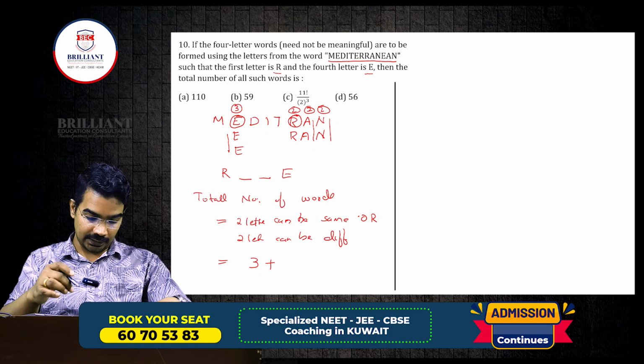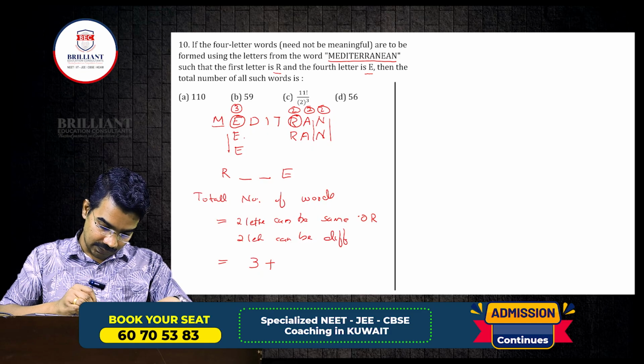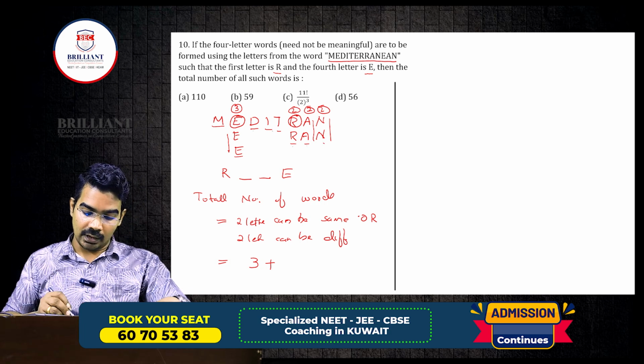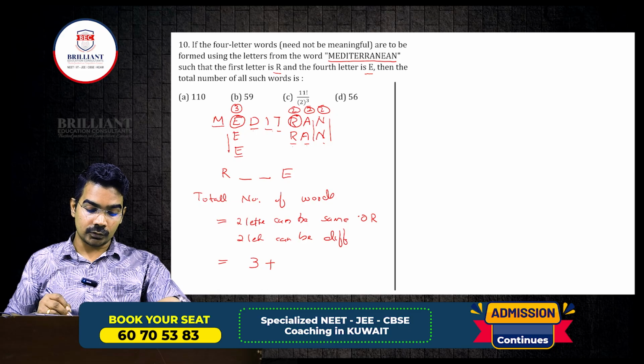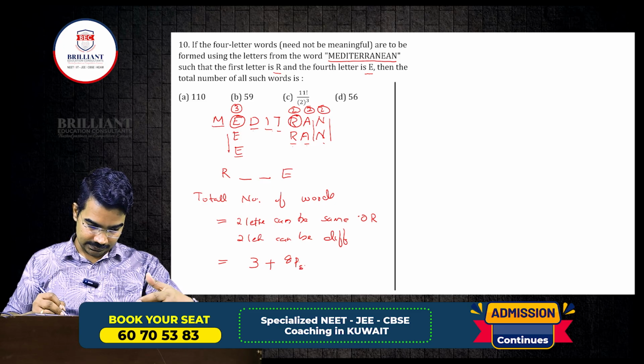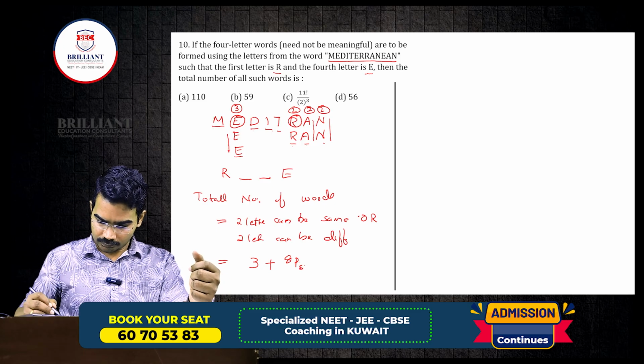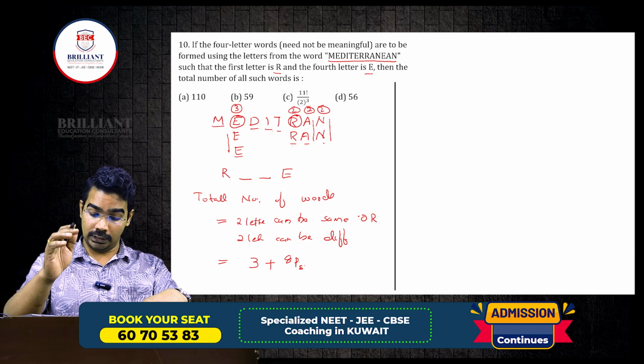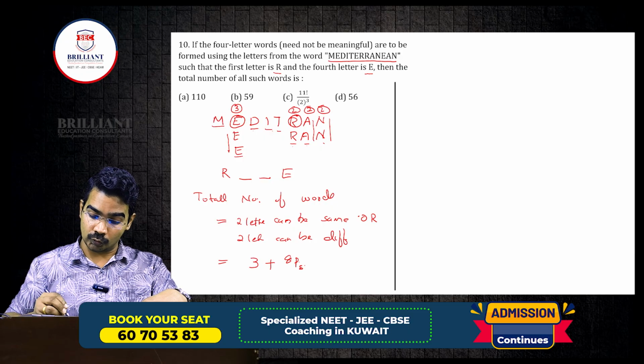If it has to be different letters, you have M, E, D, I, T, R, A, N. 1, 2, 3, 4, 5, 6, 7, 8. 8 letters are there, so we select 2 of them and arrange: 8P2.